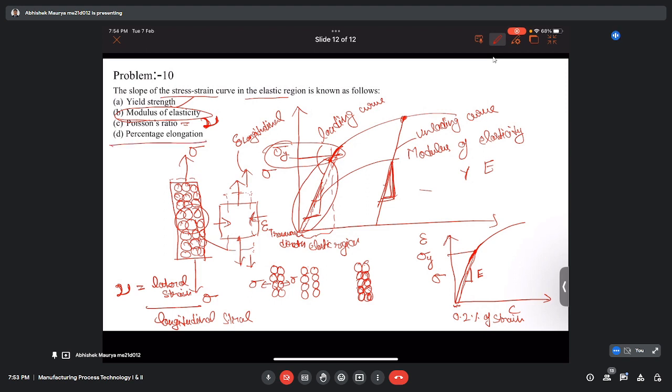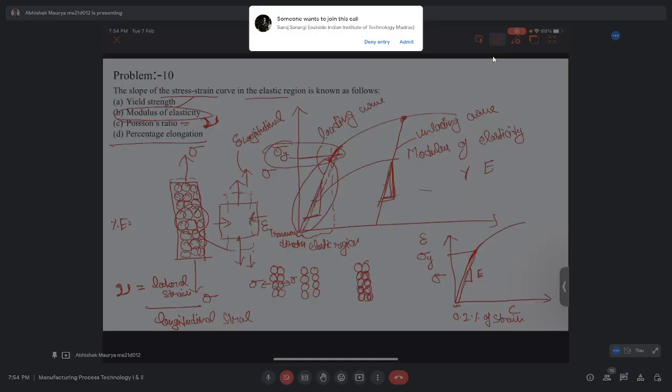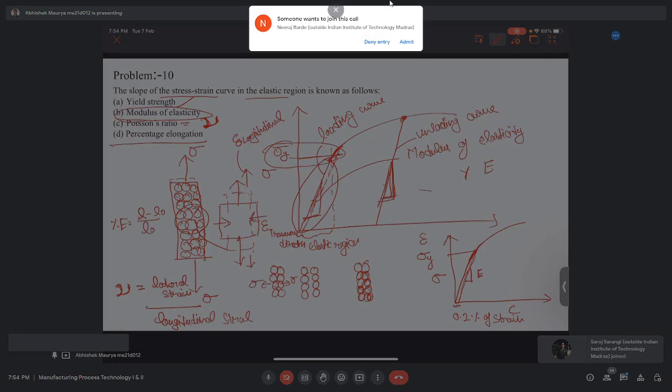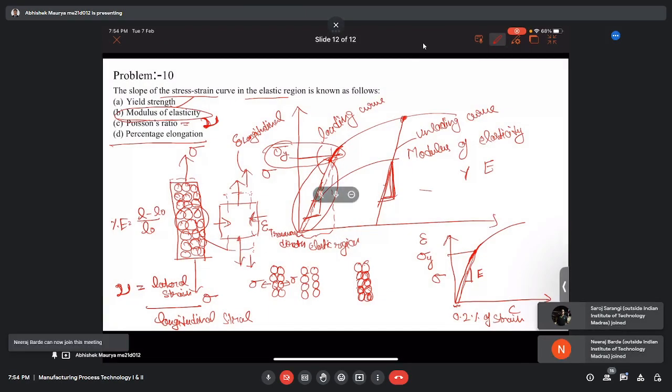Okay, and percentage elongation is the same as ductility, that is defined as the percentage EL is L minus LG upon LG into 100. So that is the percentage elongation.